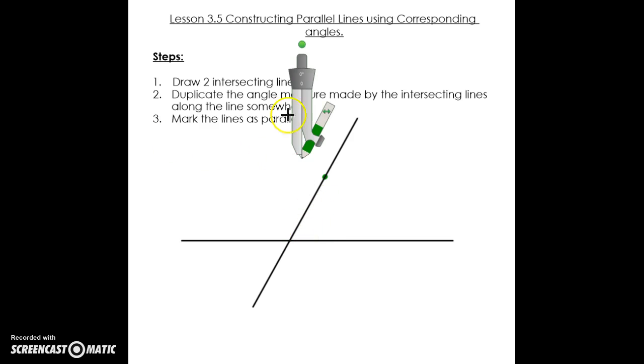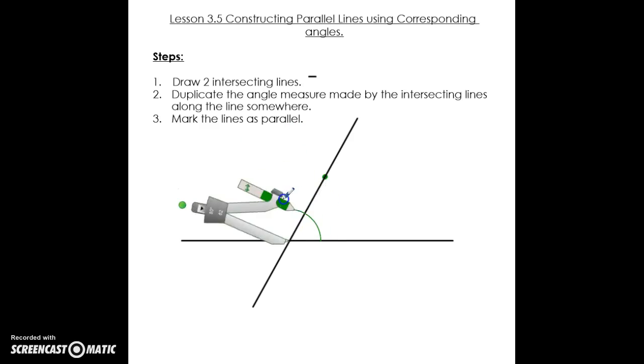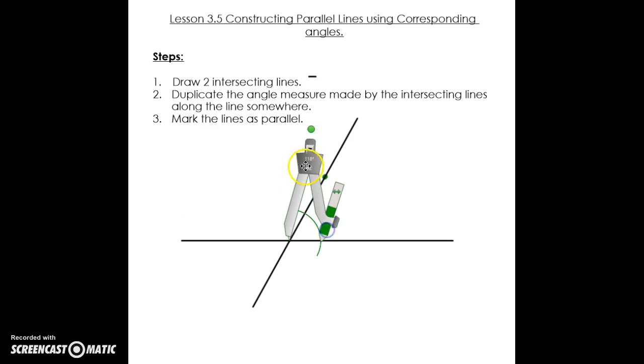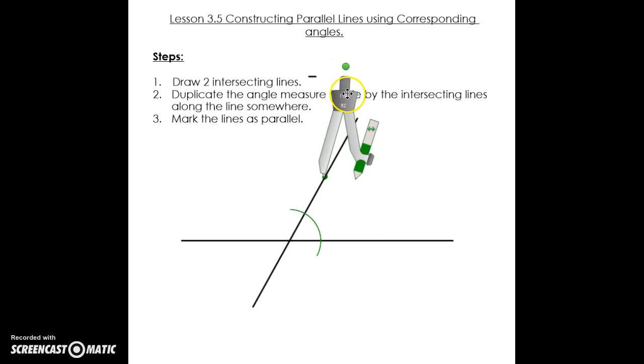So this angle in the corner here is what I want to copy. So I'll grab my compass, place it in the corner. I'm going to make an arc through that angle. I'm going to take that same size, put it on my point that I want my parallel line to go through, and make an arc above, same size as the one below.